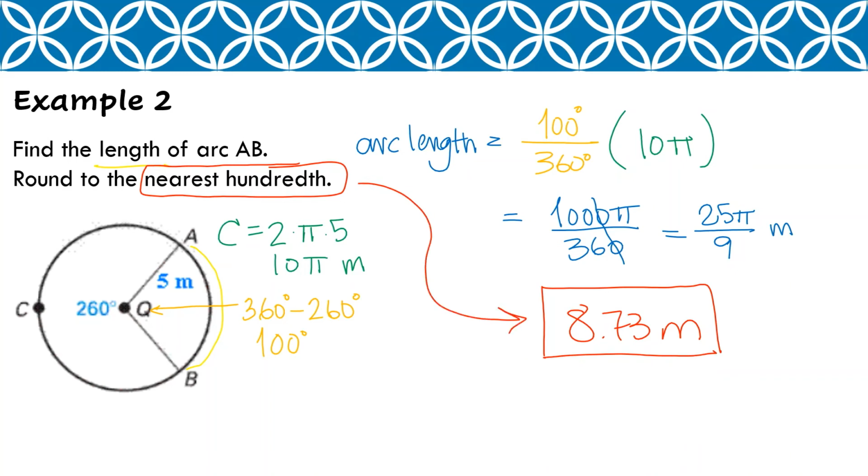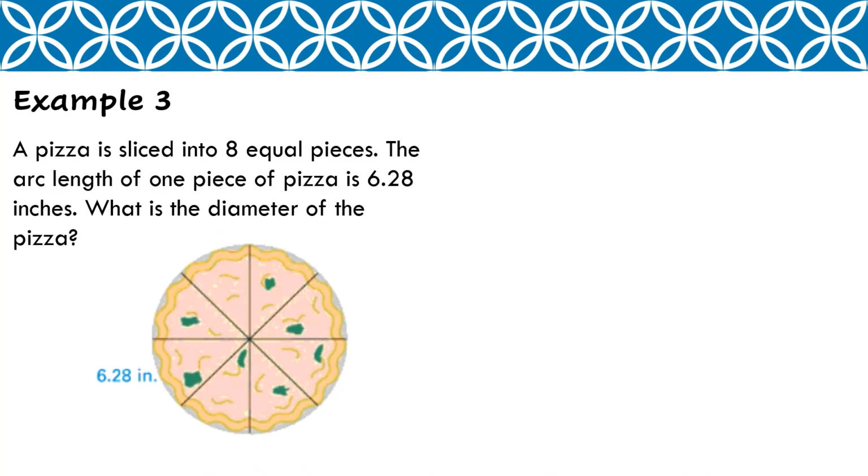We'll do one more example, and it's working backwards just a little bit. We've got a pizza that is sliced into 8 equal pieces. We were given the arc length, and we want to solve for the diameter. Okay. Well, first of all, let's investigate.